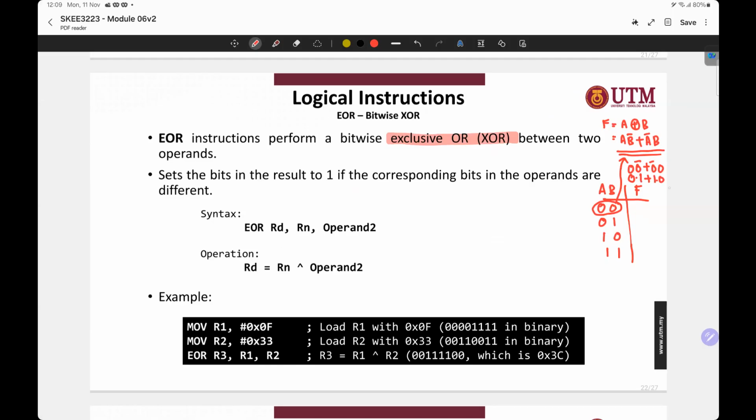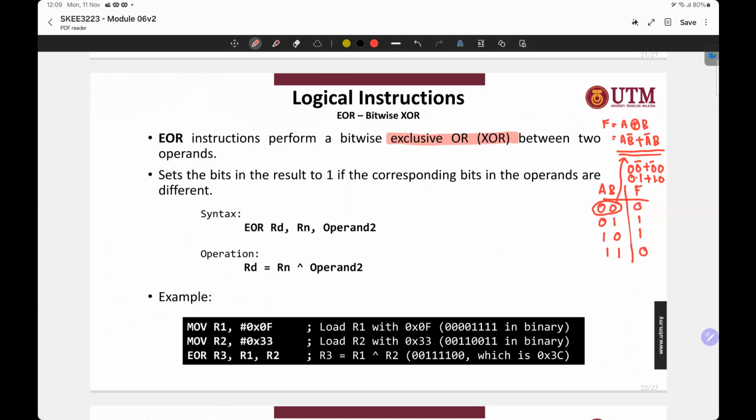So 0 OR 0, you will always get 0. Then the truth table will be 0 1 1 0. From here, you can perform this exclusive OR.